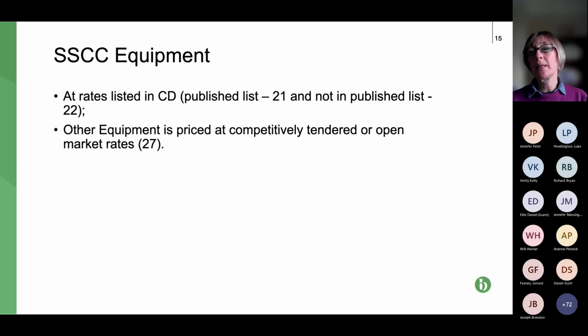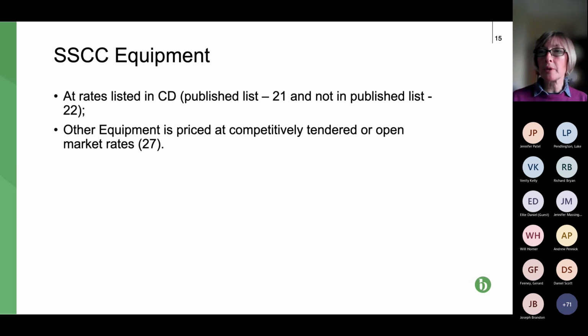Typically, for certain companies, you might say that the published rates apply, so for all equipment, all you do is look at those rates and charge them. If it's not in the published list, then the second bullet point applies, and this is a cover-all.